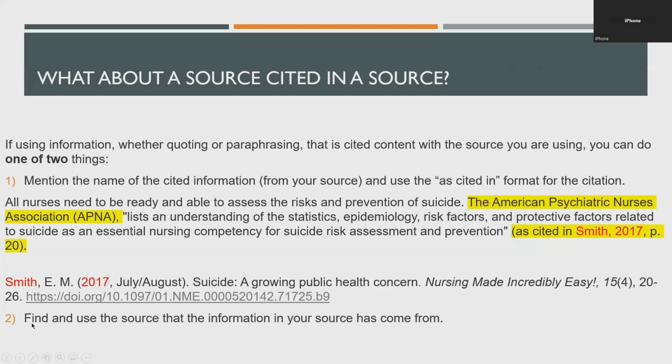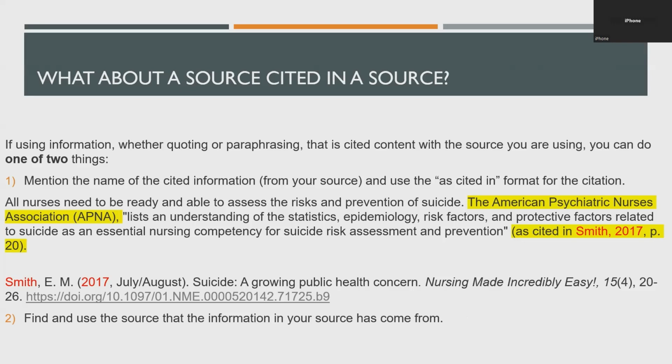So ideally, what you really want to do is actually find where the information came from originally. So let's say I'm on a website and that website is quoting from an article. What I should really do, what is considered best practice in research, is for me to actually go track down that article and quote from the article itself.